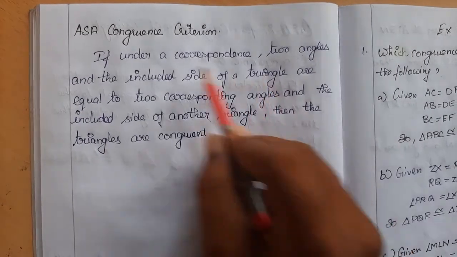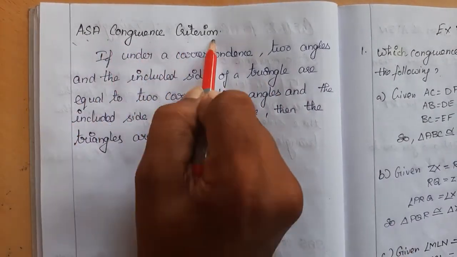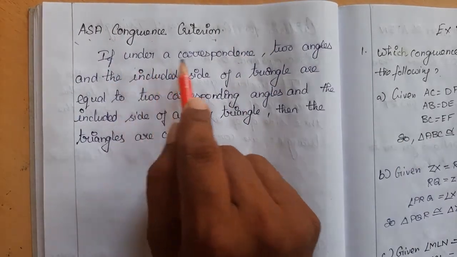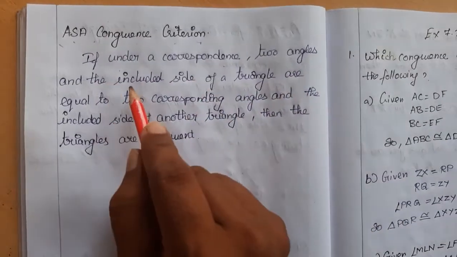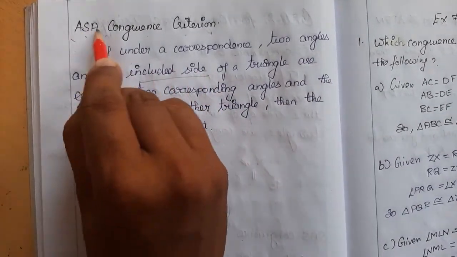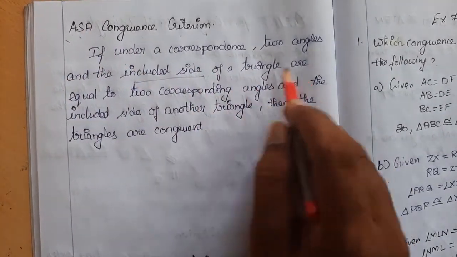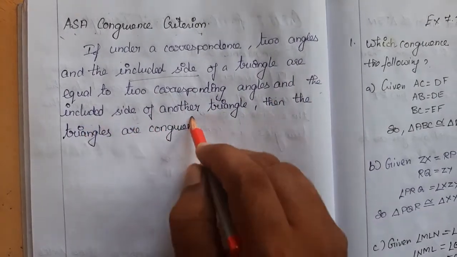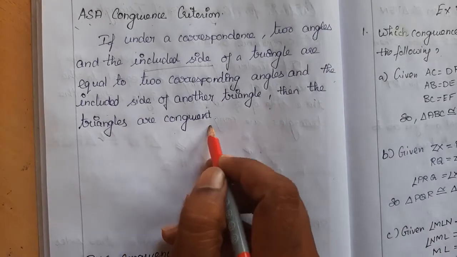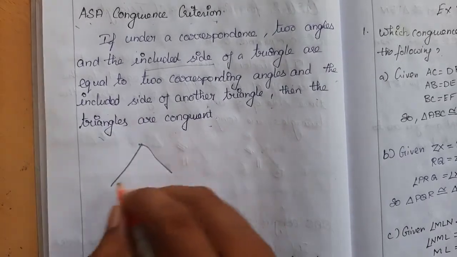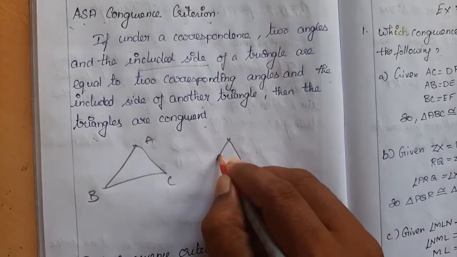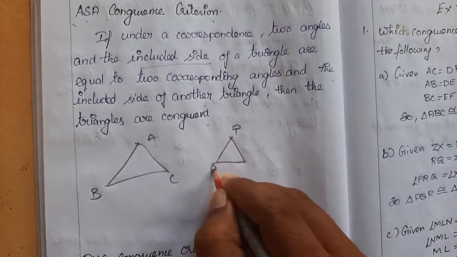Next is the ASA congruency criterion. Here you can see 2 angles and the included side. If under a correspondence, 2 angles and the included side of a triangle are equal to the corresponding angles and the included side of another triangle, then the triangles are congruent. So we consider triangles ABC and PQR.